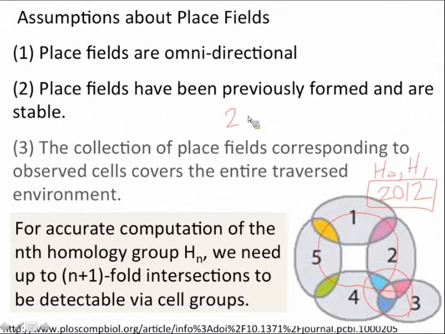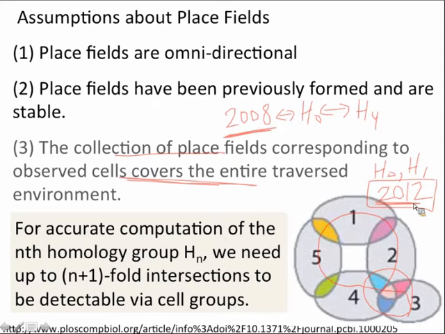Versus in the 2008 paper, since they calculated H0 through H4, they needed much more density. So they needed more coverage in 2008 to get the correct topology than what was required in 2012.